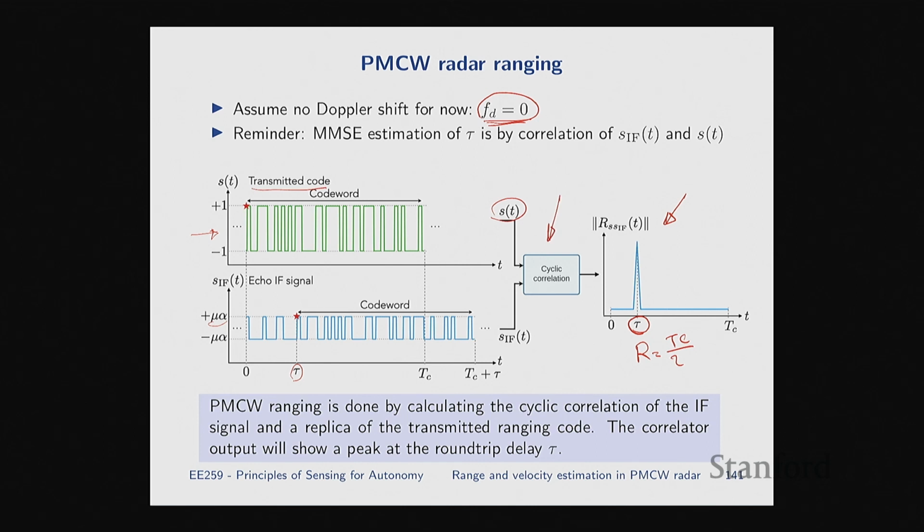So you just do your correlation as is, but then you accumulate a bunch of code words, and post-correlation you do FFTs on the columns as we did for FMCW, and that FFT gives you the full range Doppler map, or range velocity map, for PMCW. Any questions?